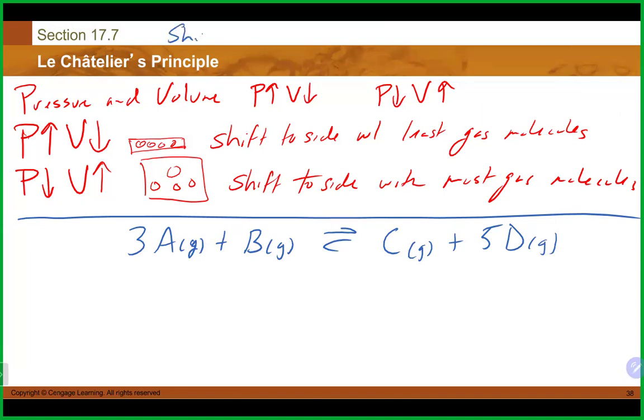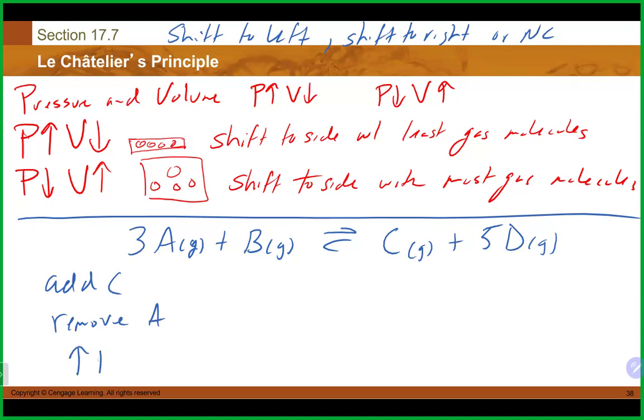Will it shift to the left, shift to the right, or no change if I do the following things: I add some C, I remove A, I increase the pressure, I add D, I remove B, I add A, and I increase the volume. So for each of those things, which way should the equilibrium shift here?